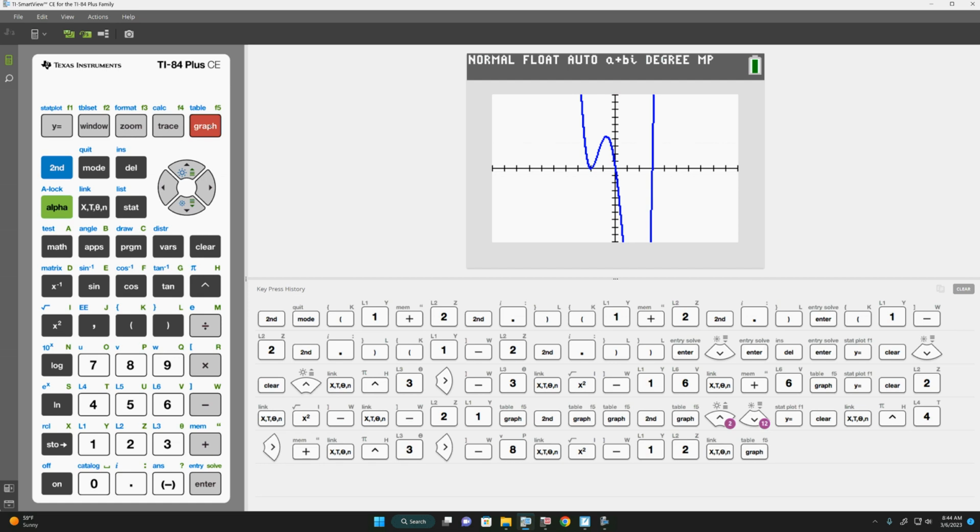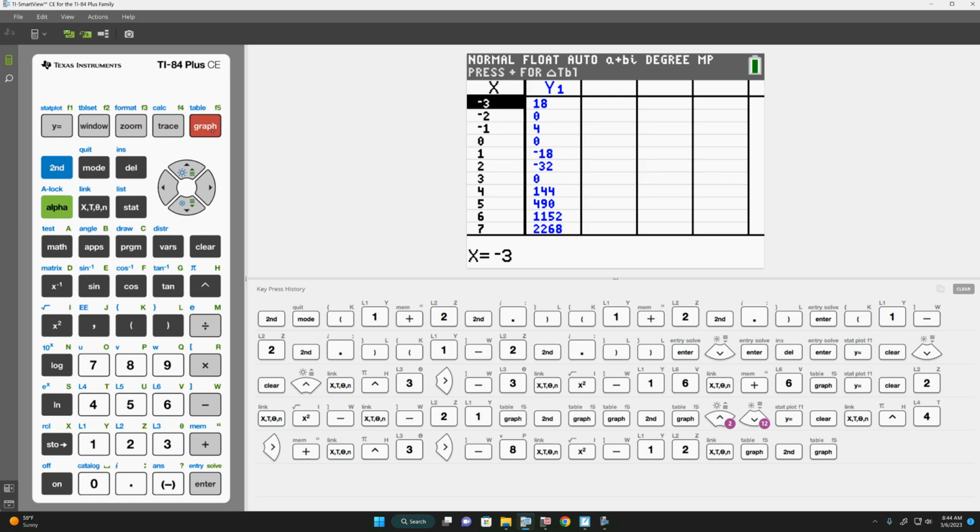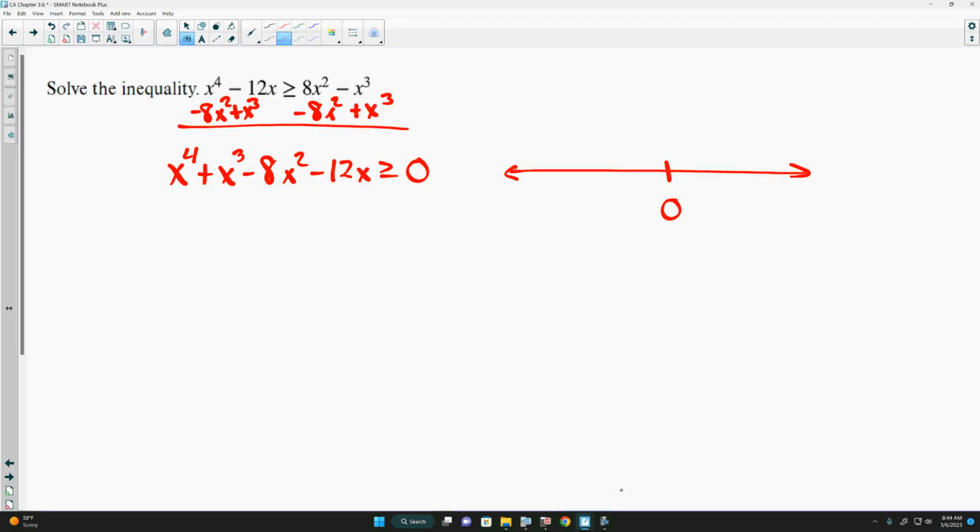And one of them, it doesn't cross, it just touches, which is really telling us that at -2, there are two solutions there. At 0, there's 1. At 3, there is 1. So -2, 0, and 3 are our three key points. These are our key points.